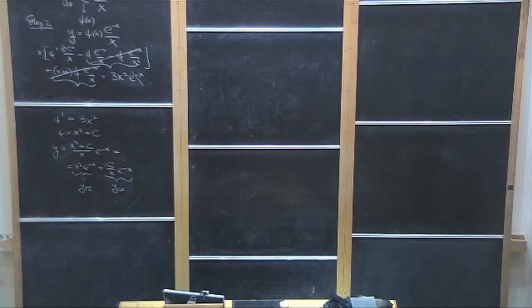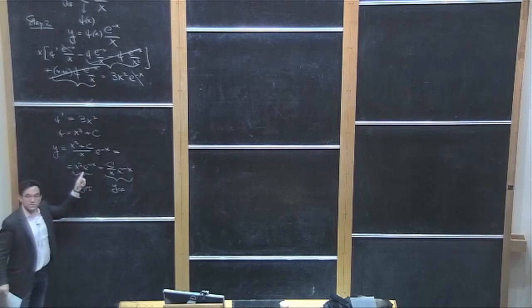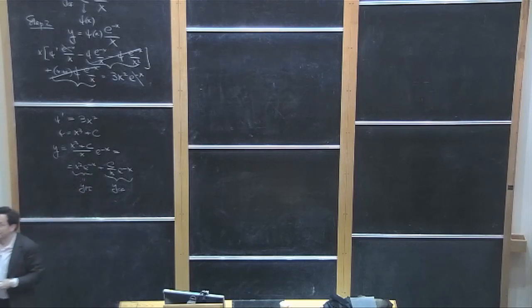And of course, if you had stared at the original equation and simply guessed that this was a solution, which you might have done, that would have been fine too, right?